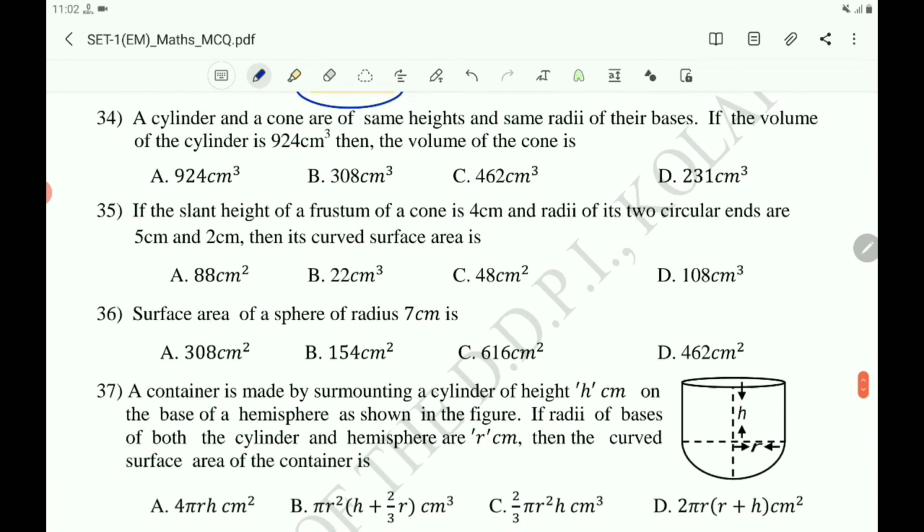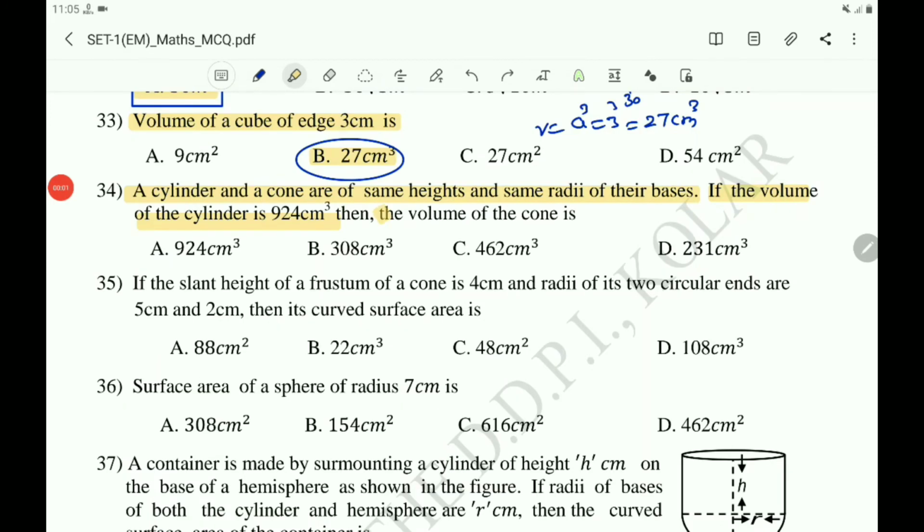Next you take question number 34. A cylinder and a cone are of the same height and same radii of their base. If the volume of the cylinder is 924 cm cube, then the volume of the cone is. You know the relation between the volume of the cylinder and the volume of the cone having the same base and same height. The volume of the cone is 1 by 3 part of the volume of the cylinder. So if the cylinder volume is given, you divide it by 3.